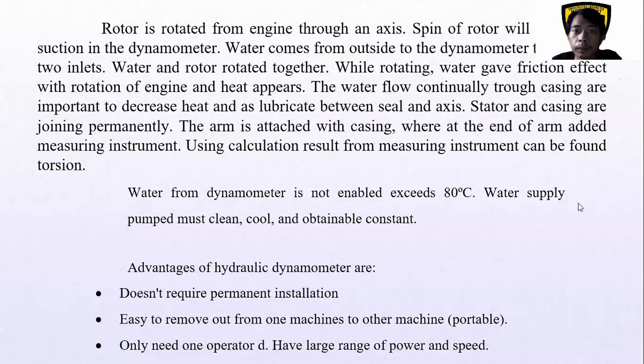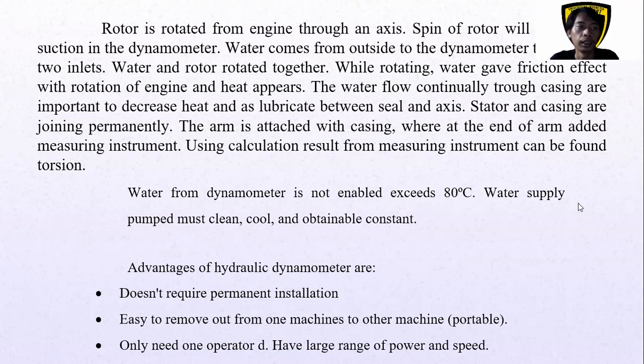Water comes from outside to the dynamometer through the two inlets. Water and rotor rotate together. While rotating, water gives a friction effect with the rotation of the engine and heat appears. The water flows continually through the casing, which is important to decrease heat and to lubricate between the seal and axis.